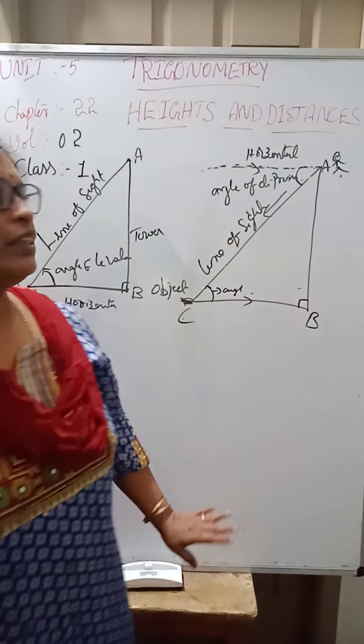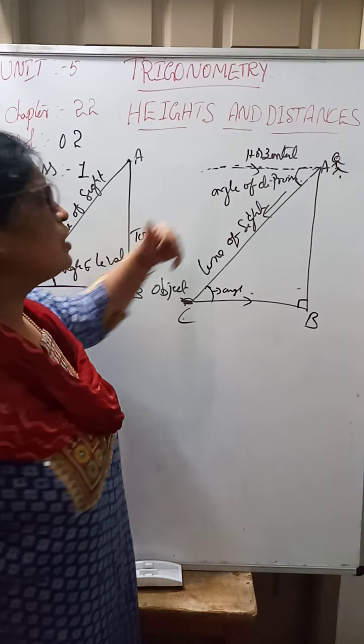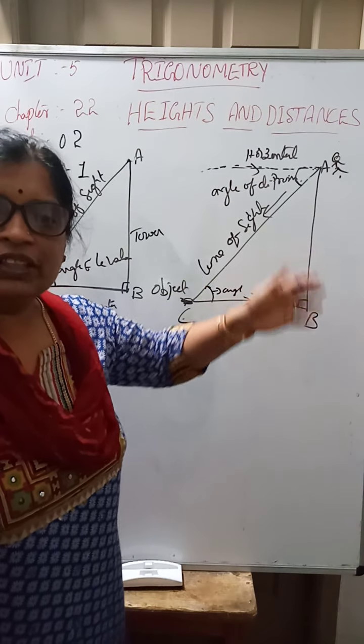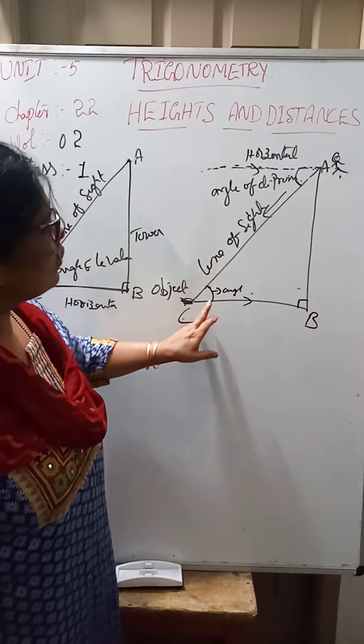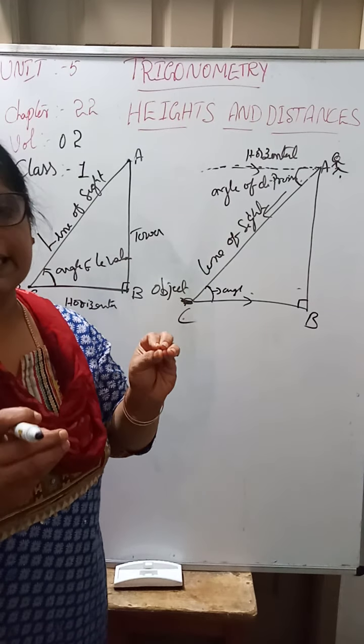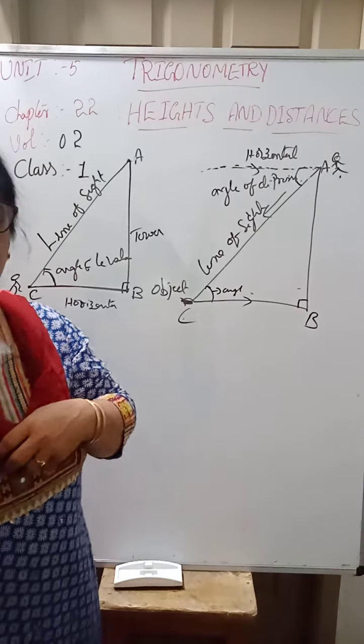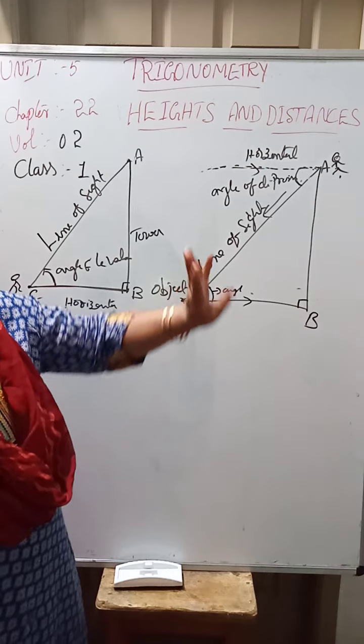Now with exercise 22A, we are starting with angle of elevation and angle of depression problems. Children, most of the problems will be with tan. Otherwise, we can have some conversion with cos or sin. But we know the value of tan.